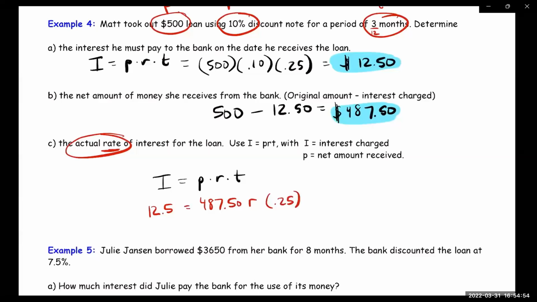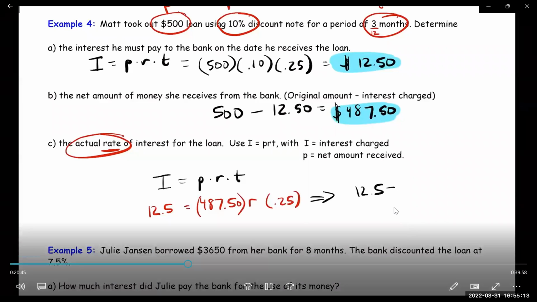So the first thing we should do is multiply these two numbers together. 487.5 times 0.25 comes to 121.875, so you round the 7 up to an 8: 121.88.